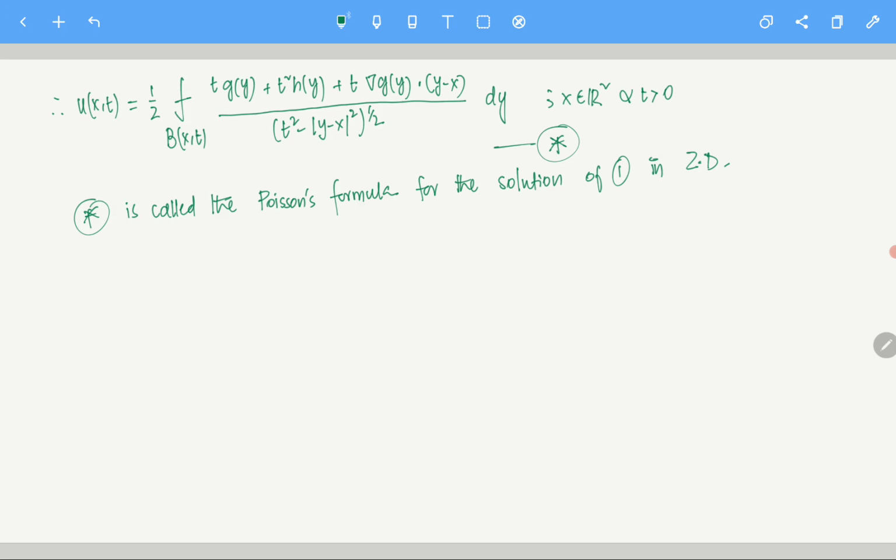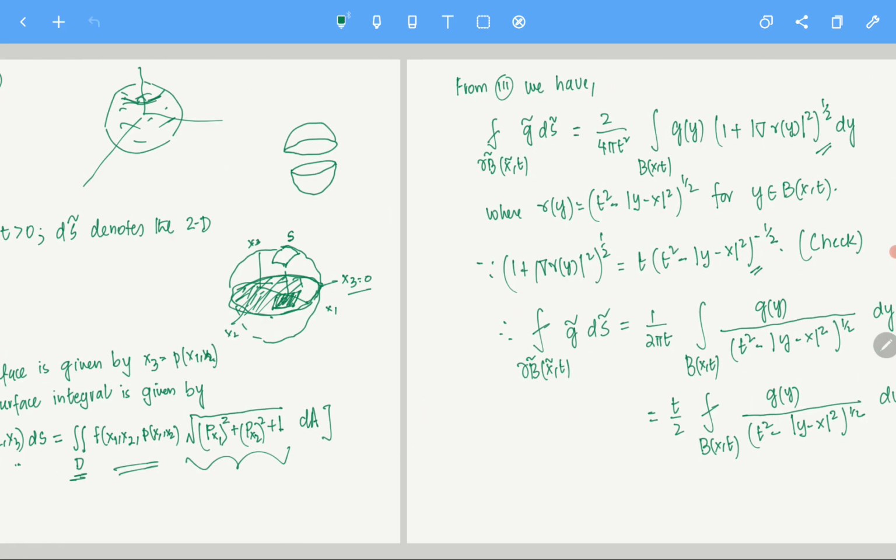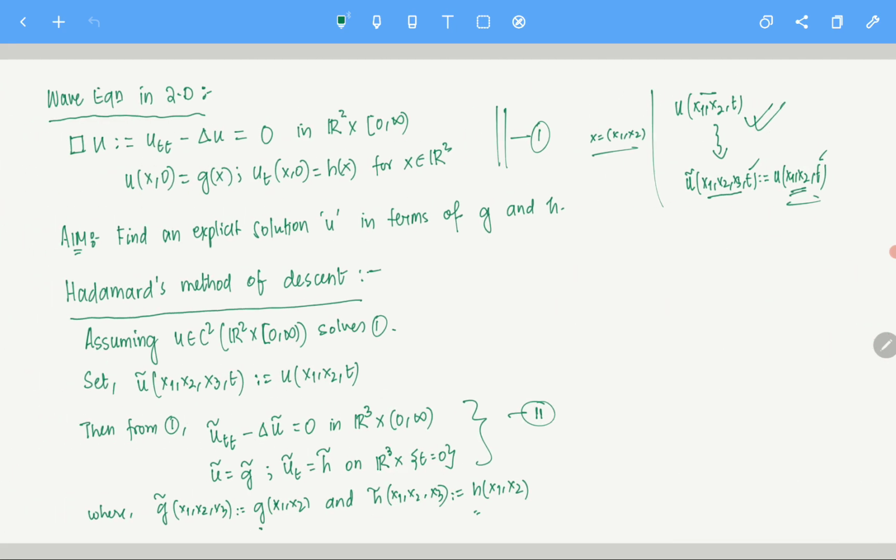Clear? Okay, so let me explain again what we did. I know how to work with the three-dimensional wave equation, which we did last class. There is Kirchhoff's formula which deals with the three-dimensional wave equation.